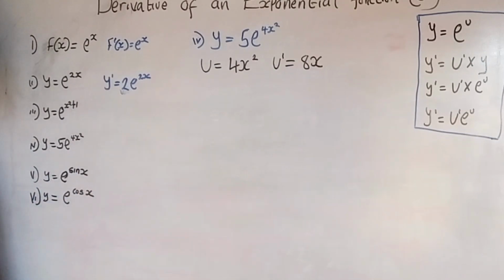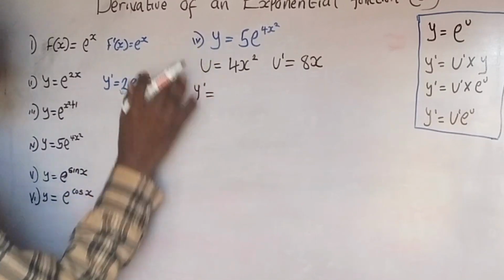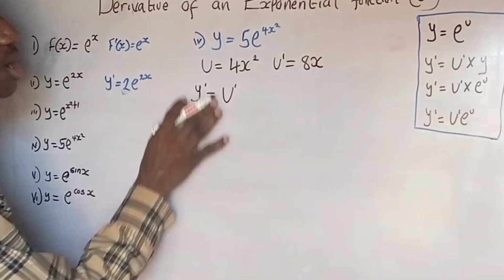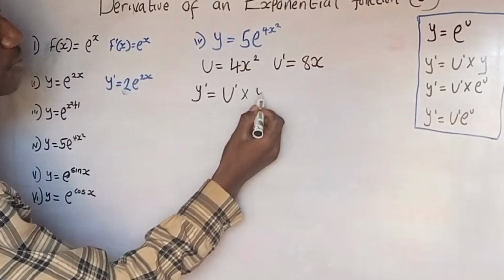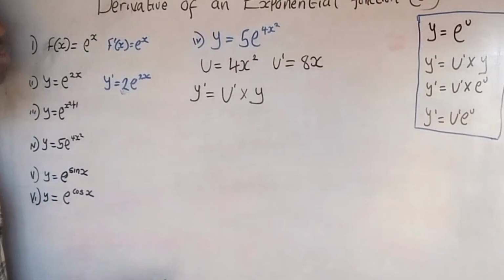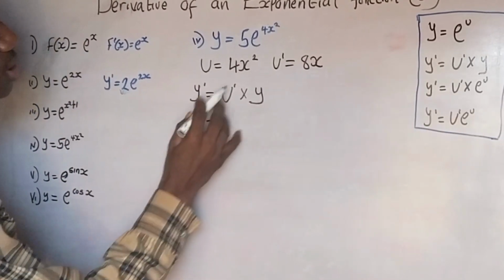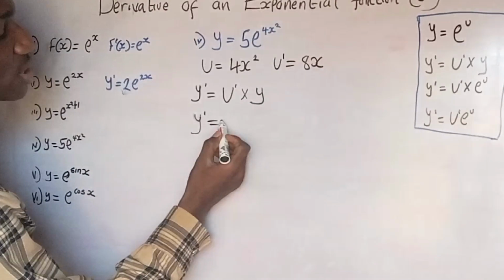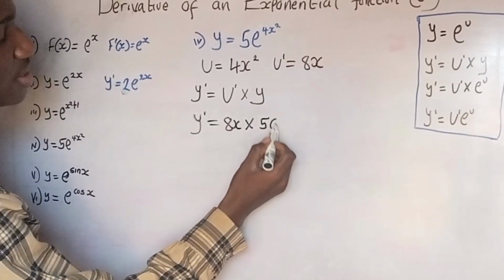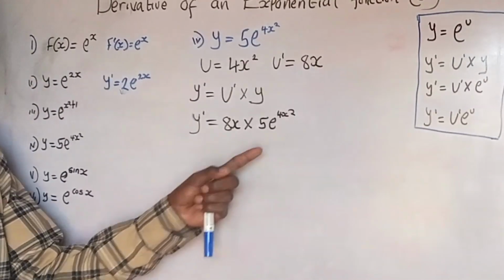Then after getting the derivative of u, don't forget that the derivative of y is given by the derivative of the power to which the exponential function is raised, u, multiplied by the function itself, which is y. In that case, our y is equal to 5e raised to the power of 4x squared. So the derivative of y is equal to the derivative of u, 8x, multiplied by y, which is 5e raised to the power of 4x squared. 8x multiplied by 5, that is 40x.